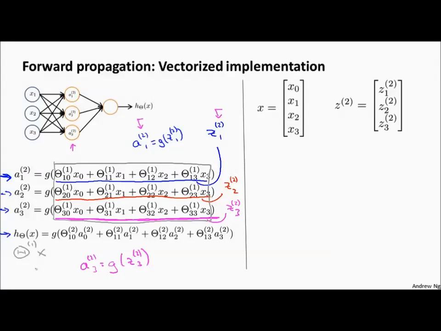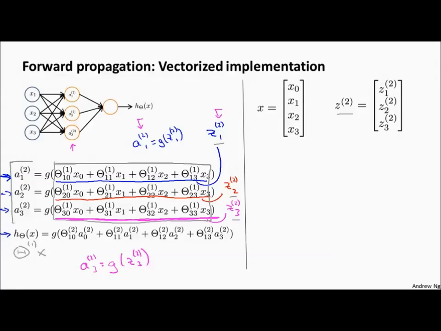Concretely, let's define the feature vector x as usual to be the vector of x0, x1, x2, x3, where x0 as usual is always equal to 1. And let's define z2 to be the vector of these z values, z21, z22, z23. Notice that z2 is a three-dimensional vector.